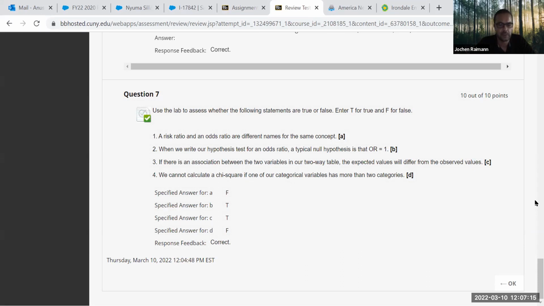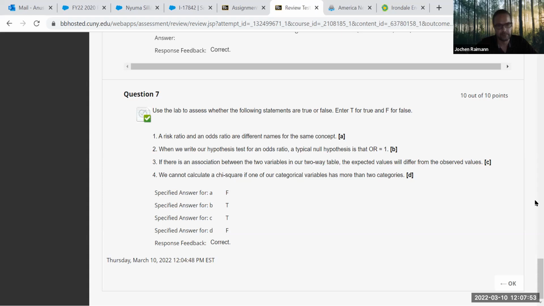So odds and risk are inherently different, where odds are transformed to the probability of an event to happen over an event not to happen, which transforms the risk from a probability from 0 to 1 into a different value, with 1 being no difference in the risk between both groups, and then it goes from 1 to infinity, essentially, and from 1 towards null for a protective effect, right? So these are inherently different concepts.